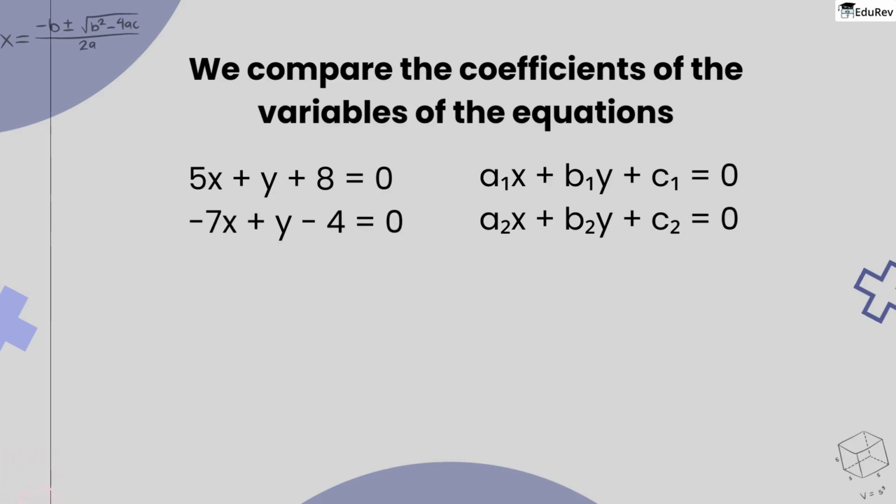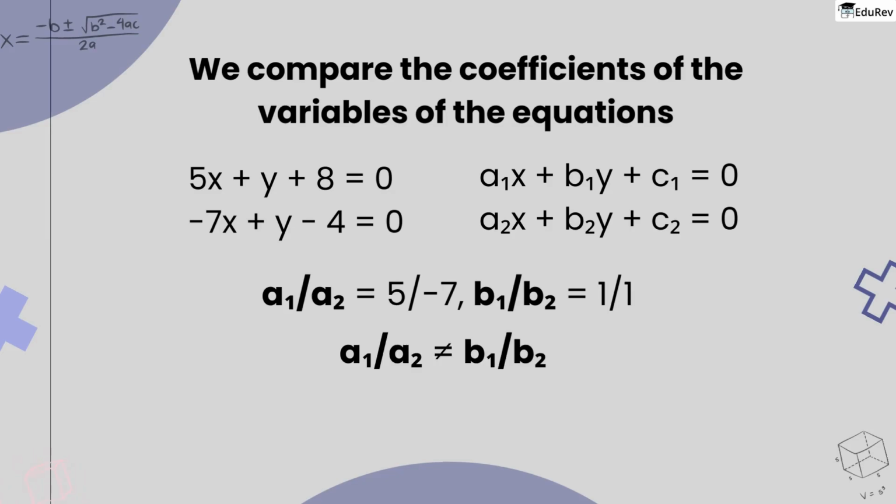Then comparing coefficients of variables of both the equations, we get a1 by a2 as 5 by minus 7 and b1 by b2 equals 1 by 1. Comparing these ratios, we get a1 by a2 is not equal to b1 by b2.